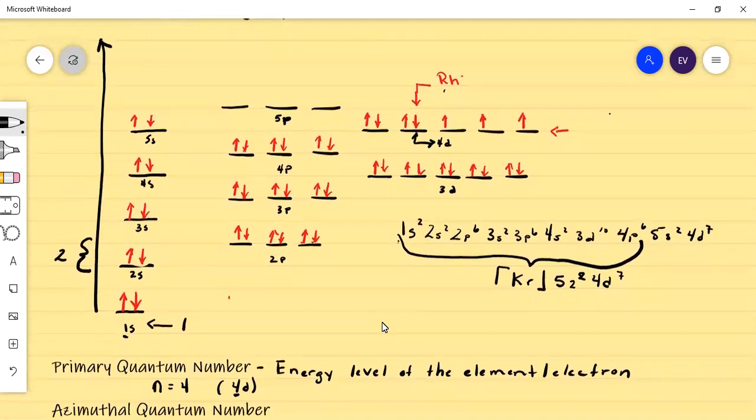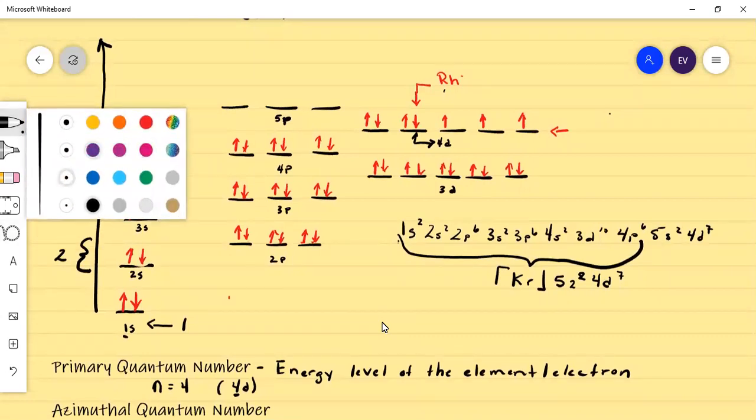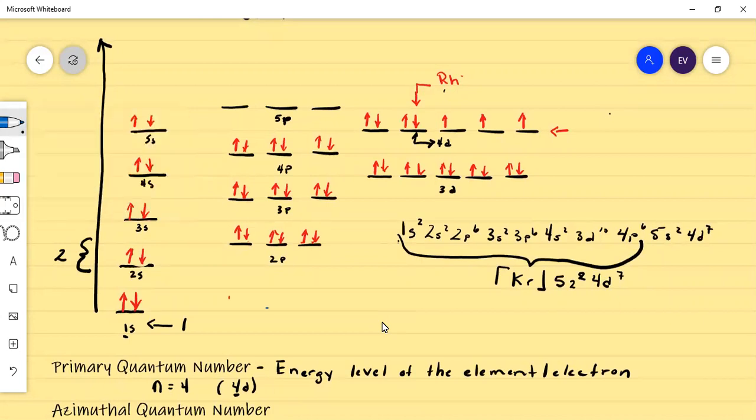The second quantum number that we're going to work with is called the azimuthal quantum number, okay? The azimuthal quantum number represents the orbitals of an atom.